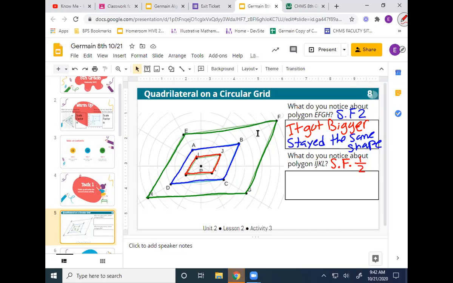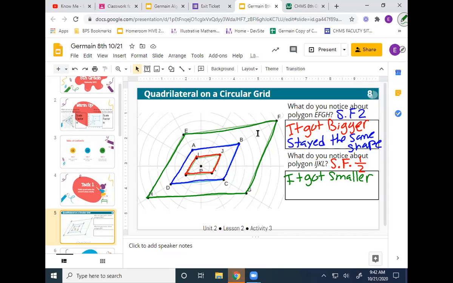So what did we notice about this new shape, IJKL? Throw it in the chat, or if you want to unmute yourself, you can. It got smaller than the rest of the other shapes. Good, it got smaller. And what is the other observation that we could make?